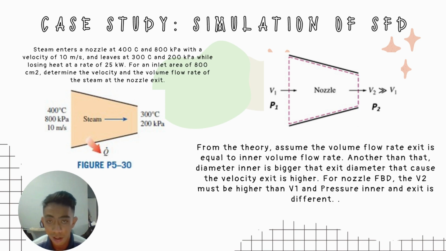For an inlet area of 800 centimeters square, determine the velocity and the volume flow rate of the steam at the nozzle axis. So we solve the case study using the formula and what we studied in thermodynamics subject. So we get the answer like we write in our report.